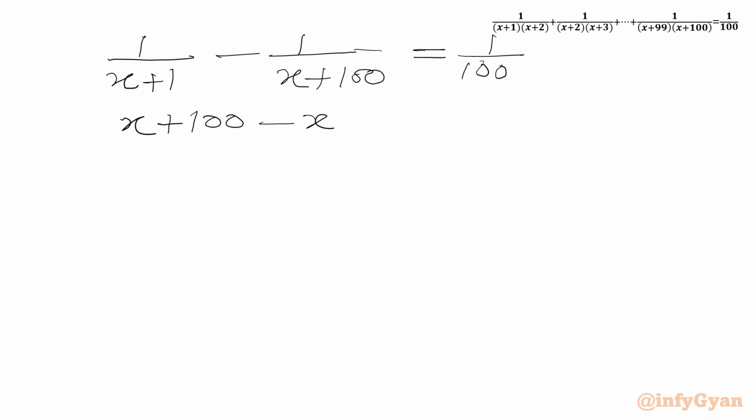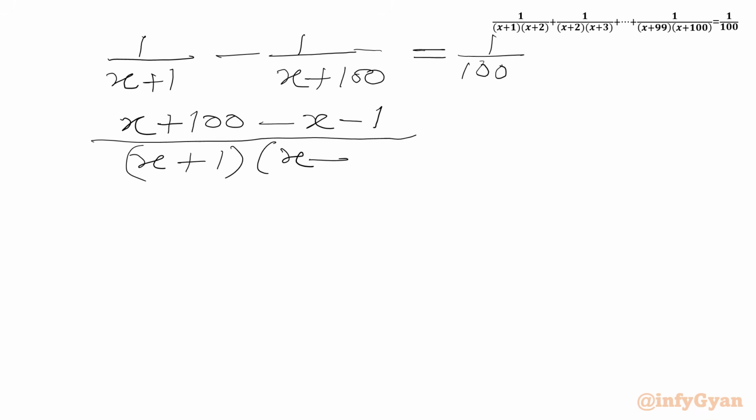Then minus of x plus 1, which will be minus x minus 1 in the numerator. In denominator, we have product of x plus 1 and x plus 100 equal to 1 over 100.